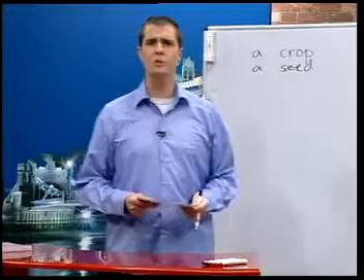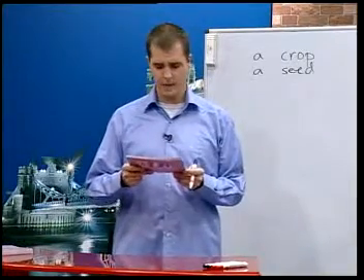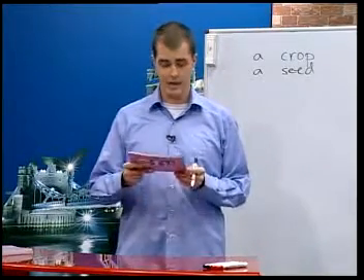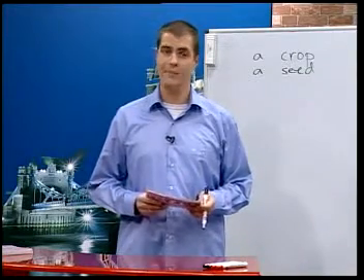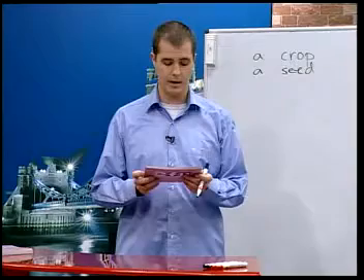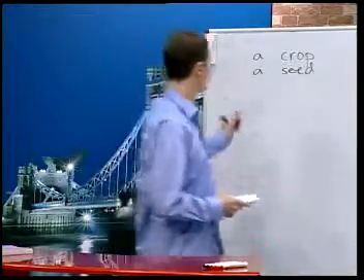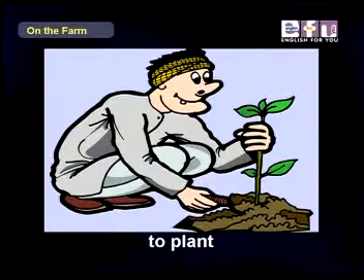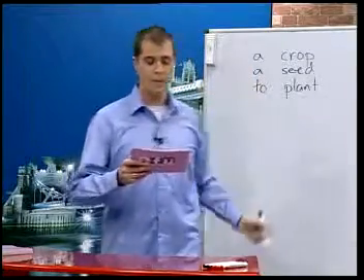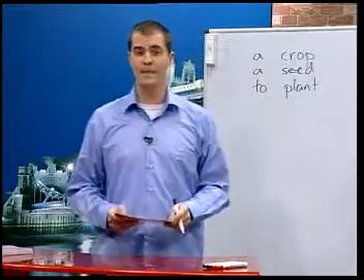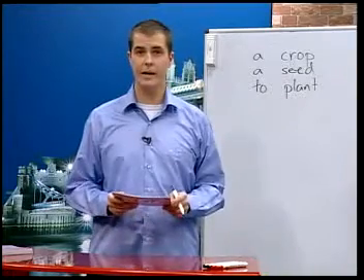A seed is a small, hard object produced by plants and from which a new plant can be grown. The same plant can be grown from a seed. To plant. It's a verb. To plant means to put plants or seeds in the ground.